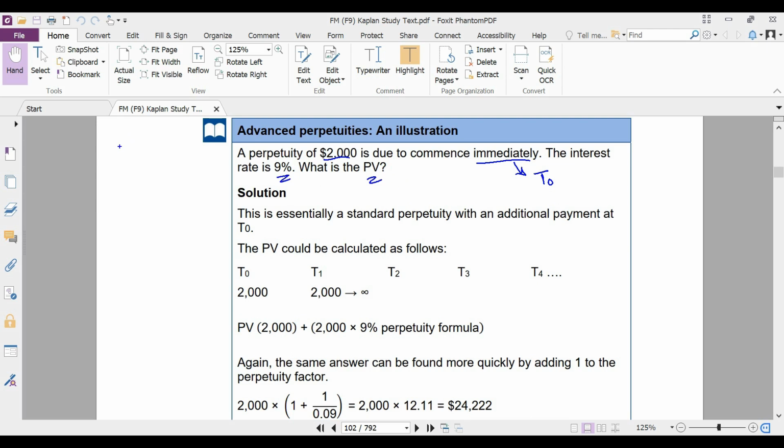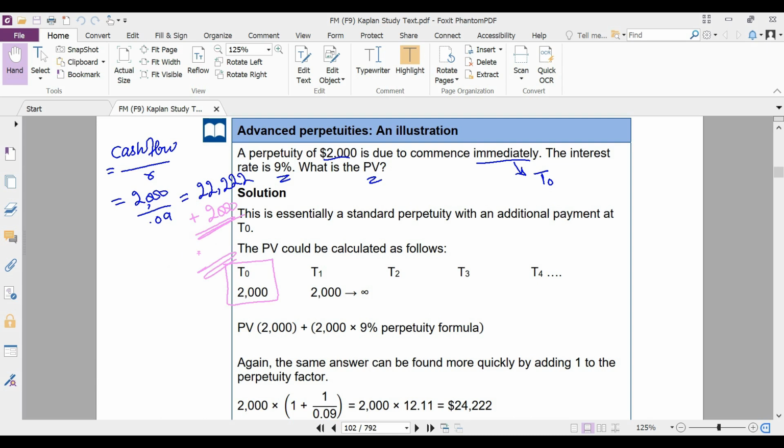As we know, the formula related to perpetuity is cash flows divided by discount rate. So we can calculate it using this formula. Our cash flow in this case is $2000 and interest rate is 9% or 0.09. So as a result we can get this answer, right? As we know that we have not included the year 0 value in this amount, so we will include it in this value.